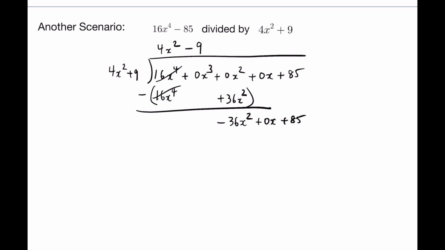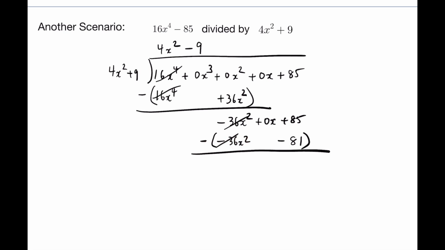Now we're going to multiply negative 9 by 4x squared, and we get a negative 36x squared. Then we're going to multiply negative 9 by a positive 9, and that is going to be a negative 81. We're going to put this in parentheses, and we're going to subtract this whole thing. And now negative 36x squared minus negative 36x squared is the same thing as negative 36x squared plus 36x squared, which is 0.